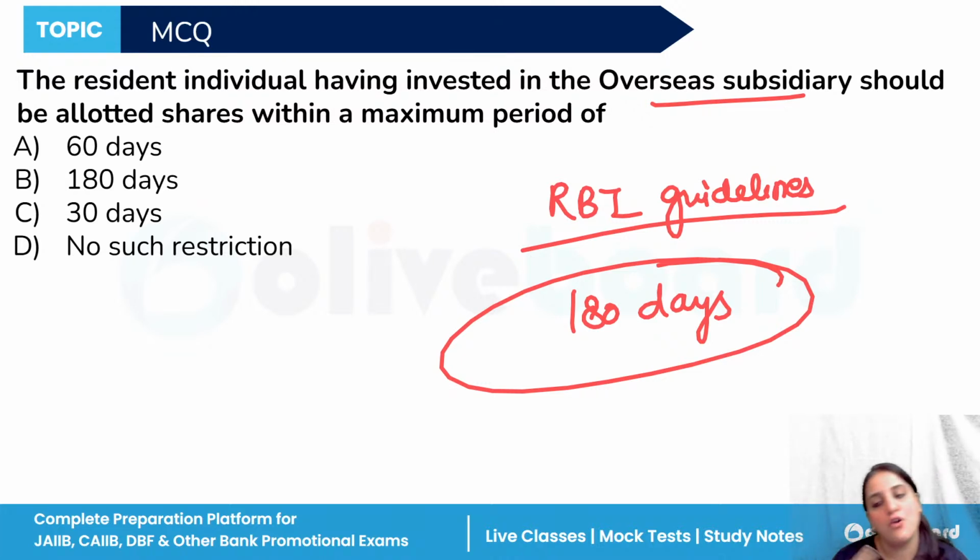If the shares are not allotted within this time frame, the amount remitted must be refunded to the investor. So the correct answer is 180 days.